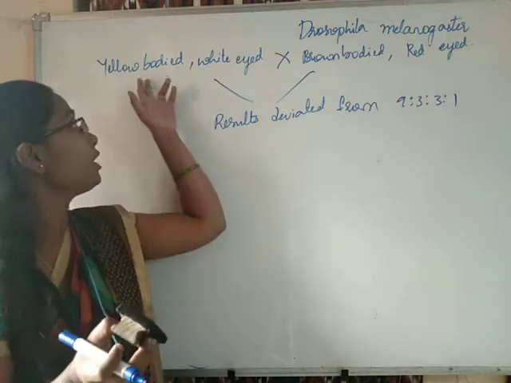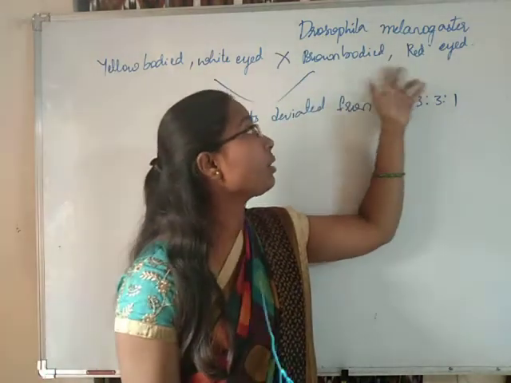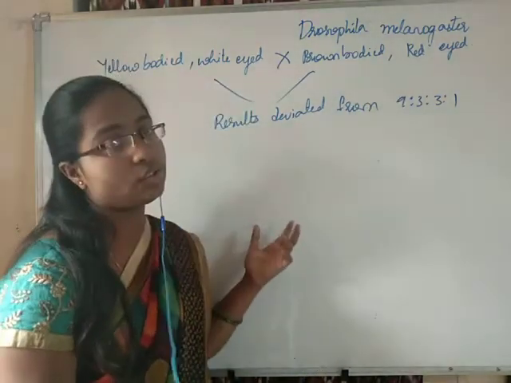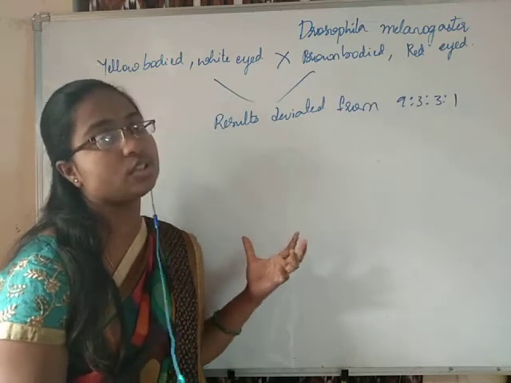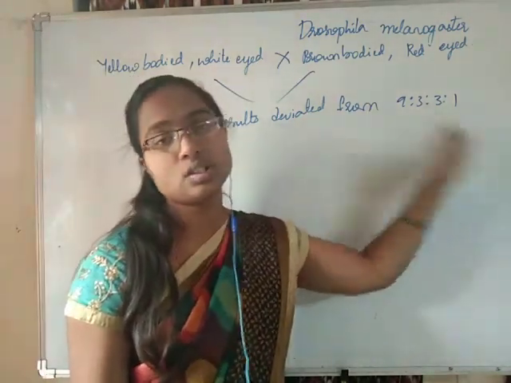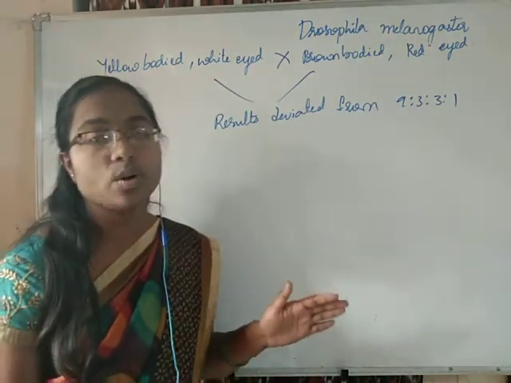He took yellow bodied, white eyed flies and crossed them with brown bodied, red eyed flies, but he observed that the phenotypic ratio in the F2 generation deviated completely from Mendel's 9:3:3:1 ratio.